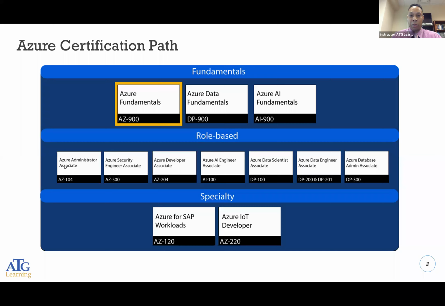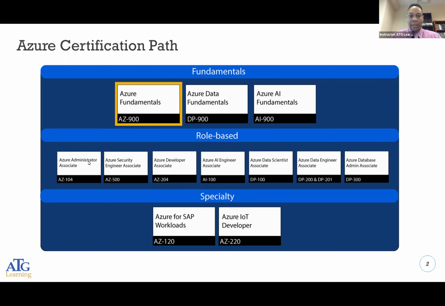Now, when you get over to these role-based exams, Azure Administrator Associate or Security Engineer Associate, which we'll discuss a little bit in detail on exactly what goes into these, on top of what goes into Azure Fundamentals, you are going to need a prereq, right? And the prereq is any of these fundamental exams up here.